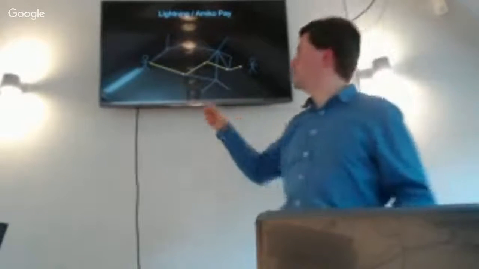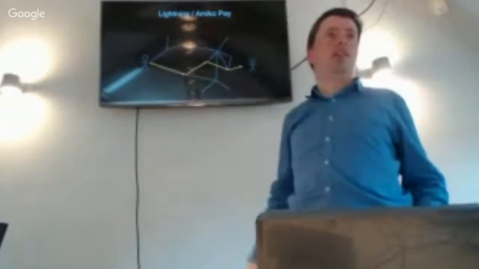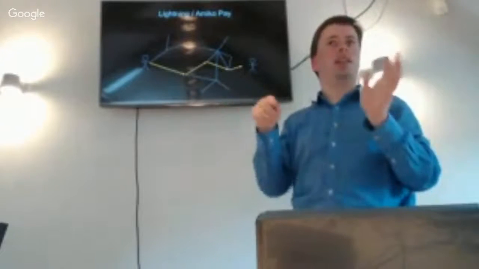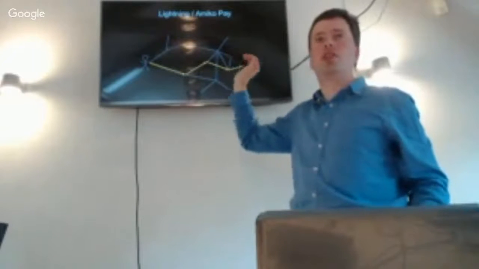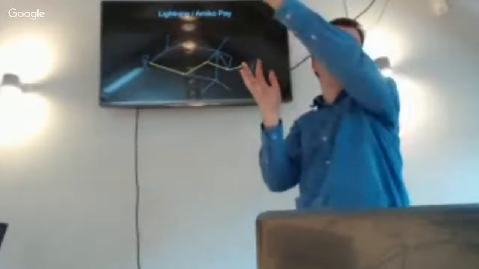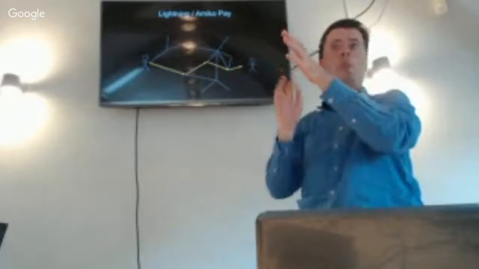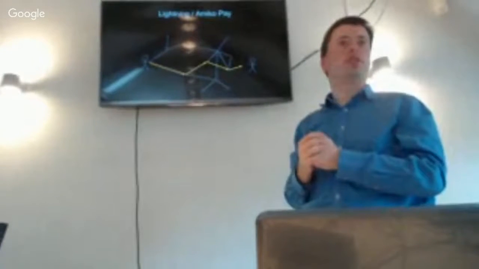One of them is that these parties, if they have a rough map of the network, can decide their own routes. So they can ask nodes, what are your routes and what are your fees? And they can choose for themselves, this is the fastest route or the cheapest route.